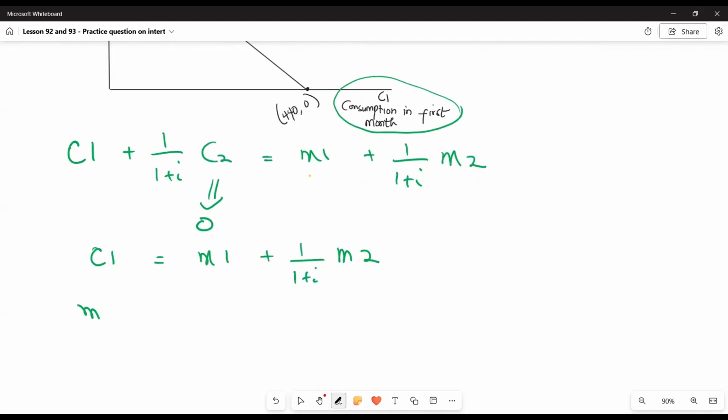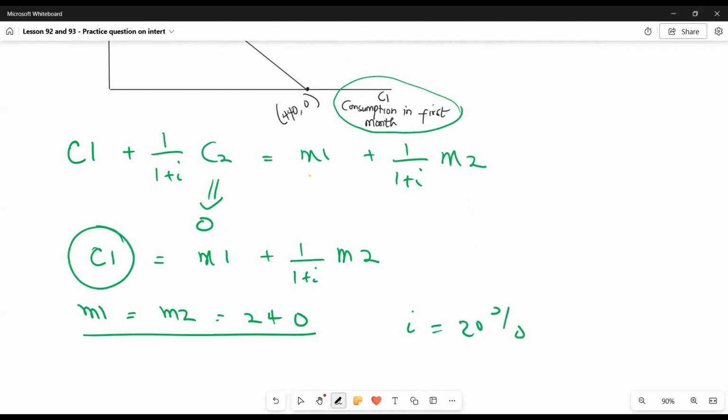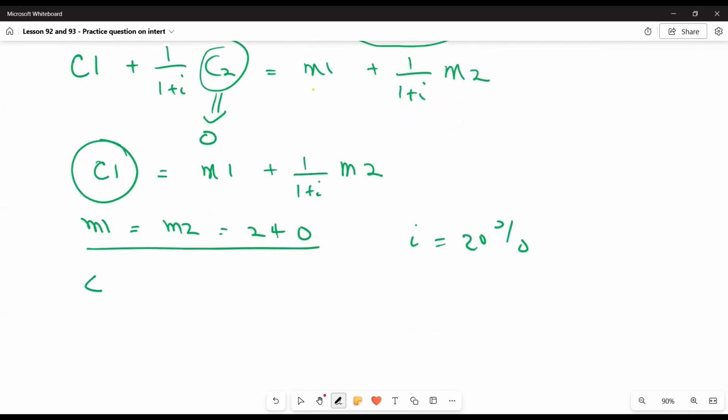We know that M1 is equal to M2, which is equal to 240, which is the income that Nate gets in both periods. And we also know that the interest rate i is also equal to 20%. We can therefore find C1 when C2 is 0, which is our x-intercept. We have C1 being equal to 240 plus 1 over 1.2 multiplied by 240, and this simply gives us 440.